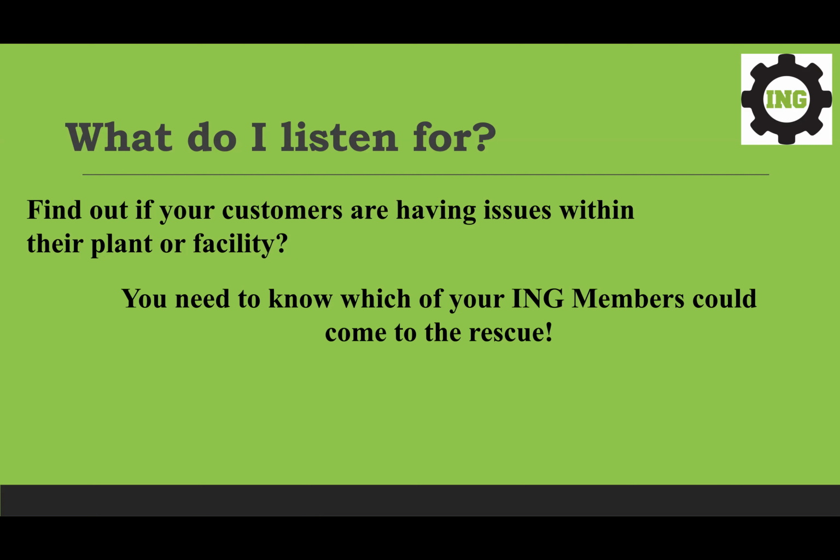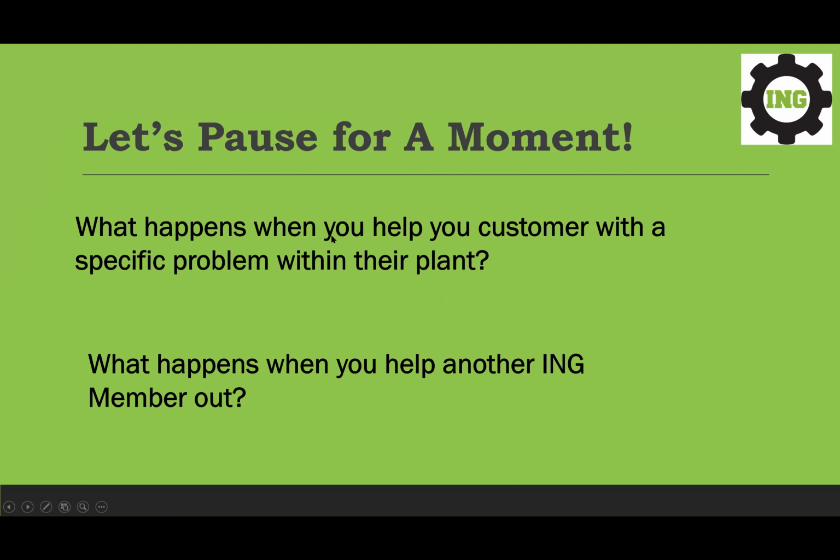So if you don't know your members, then when they have an issue or problem, you're not going to know who to recommend. So I would really encourage you as a member to look at your member list, get on your chapter page and make sure you understand what your fellow members do. And if you're not sure, ask them. So the next time you go to a meeting or a fuel meeting, be intentional, because the more you know, the more you can be a resource to your customer.